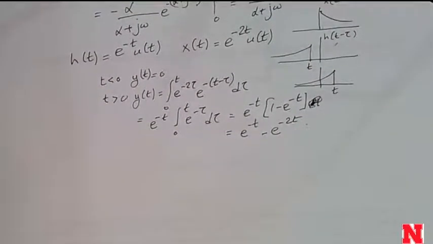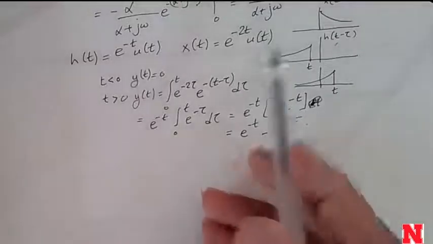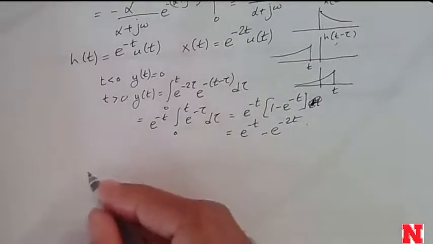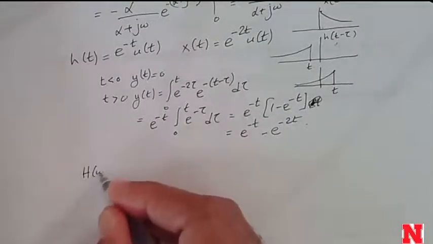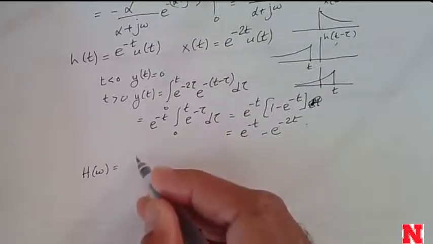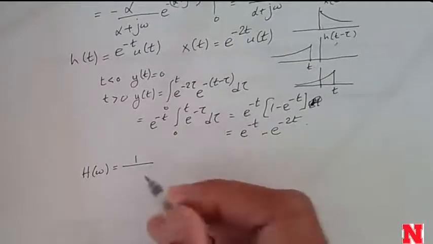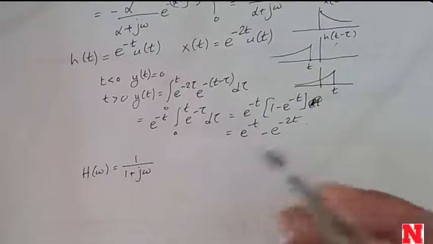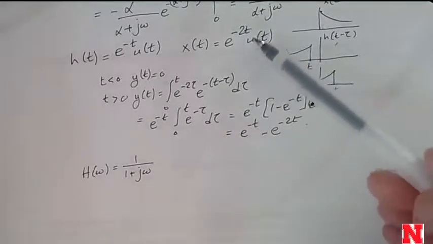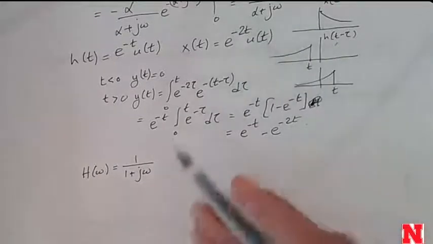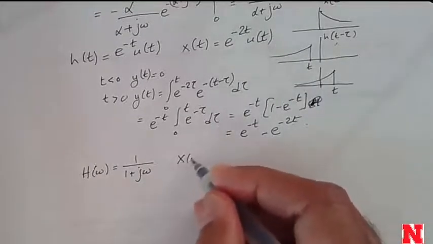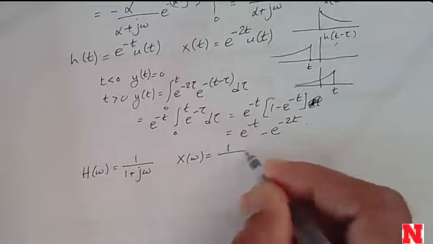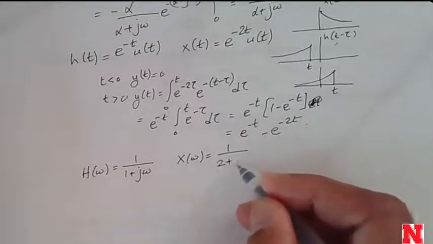Now, what will we get if I multiply the Fourier transforms? Well, the Fourier transform of this, we just saw, was 1 over 1 plus j omega. And using the same argument, I can find X of omega is equal to 1 over 2 plus j omega.